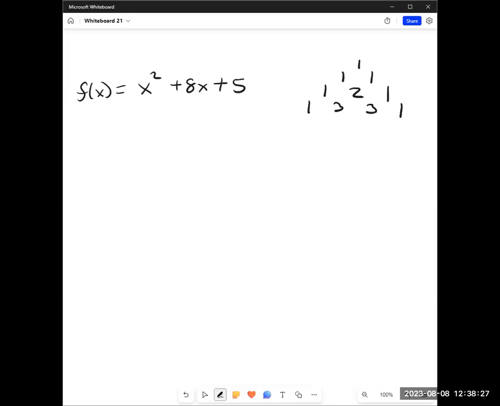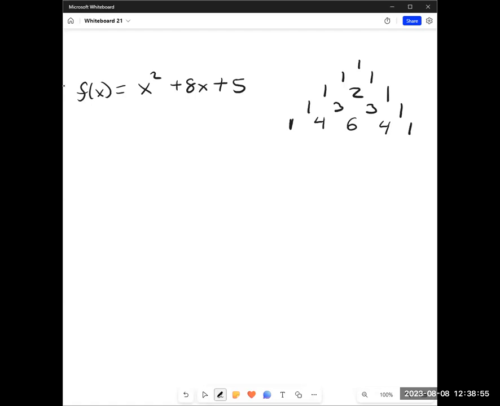Form Pascal's triangle by writing ones on the outside, and then anytime that you can add two numbers together, you do, and you put the number in the middle. So 1 plus 1 is 2, 1 plus 2 is 3, 2 plus 1 is 3. If I wanted the next row, it would be 1, and then 1 plus 3 is 4, 3 plus 3 is 6, 3 plus 1 is 4, and the 1 comes on the outside.